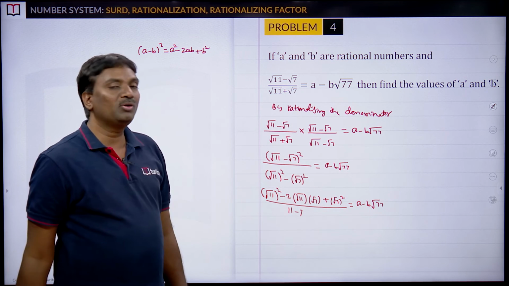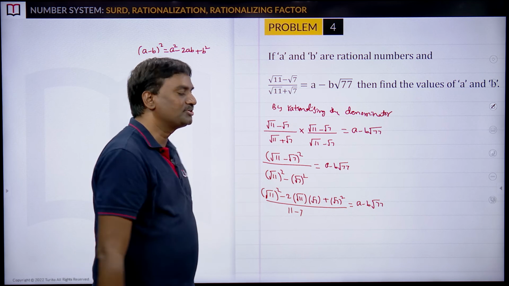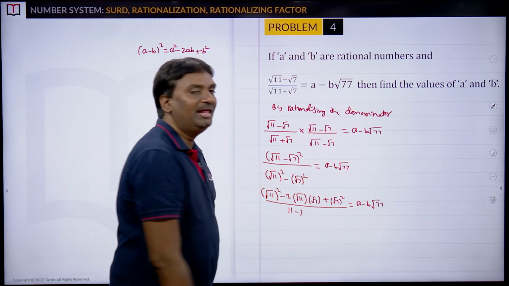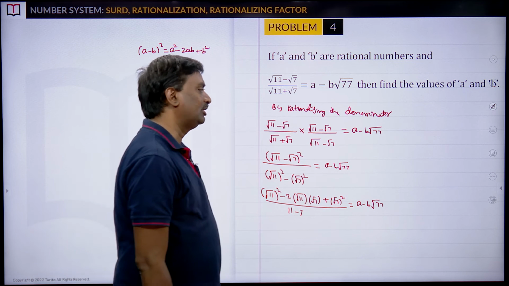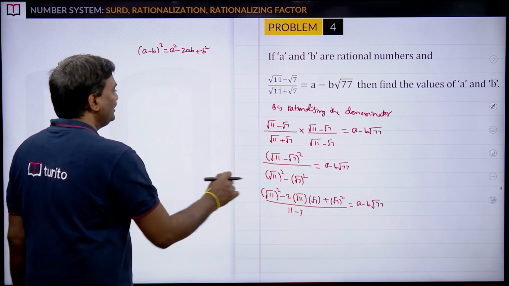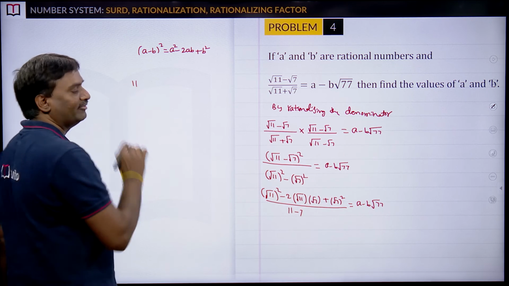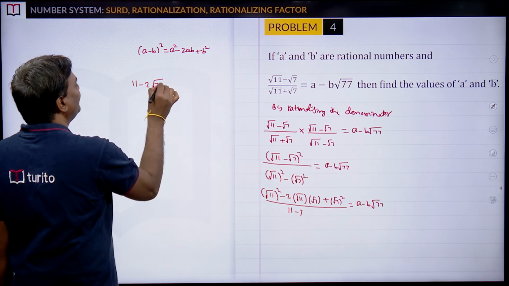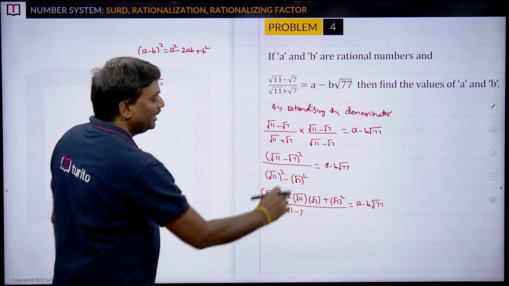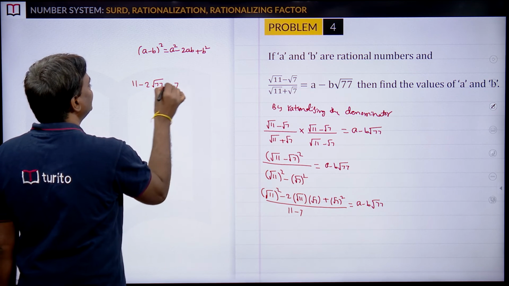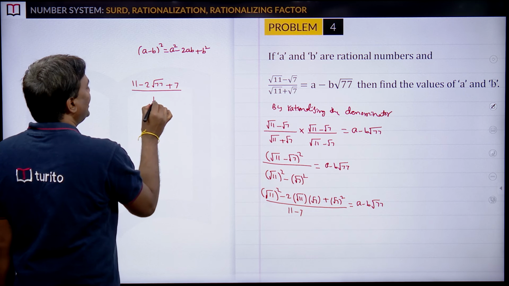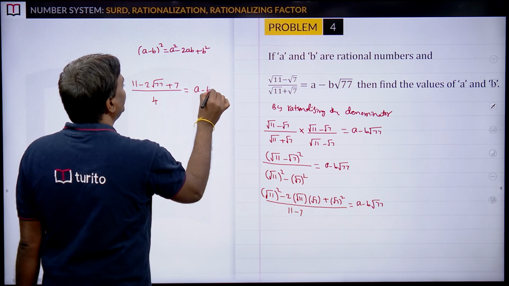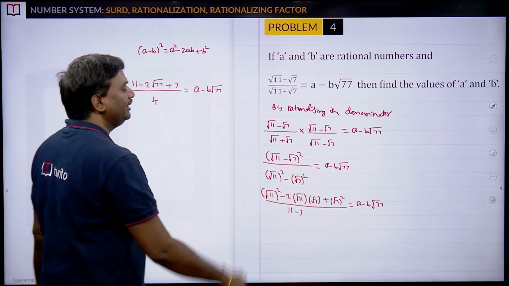We can write root 11 whole square is 11, minus 2 into root 11 into root 7, root 77, plus root 7 whole square is 7, by 11 minus 7 which is 4, equals a minus b into root 77.